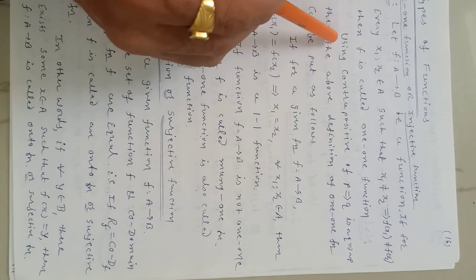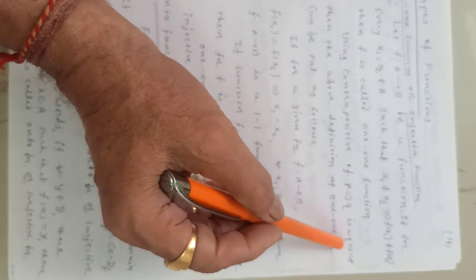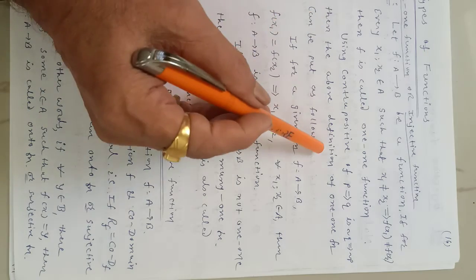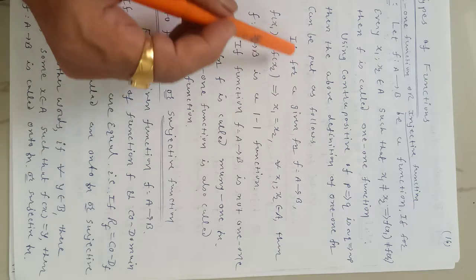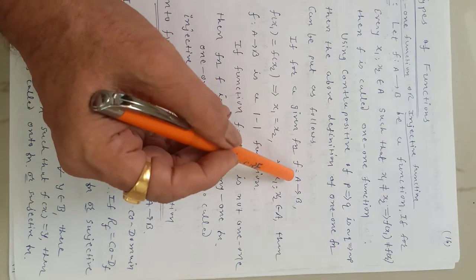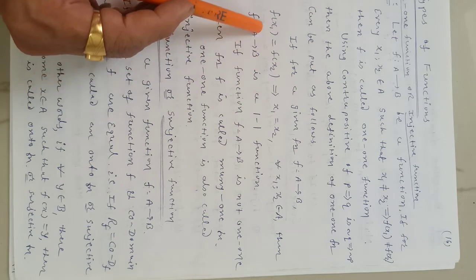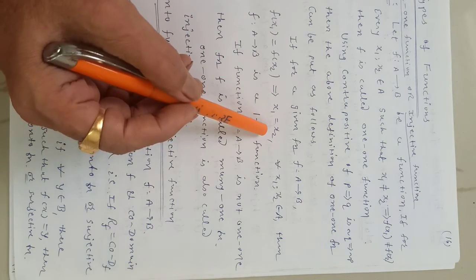Therefore, using the contrapositive of P implies Q, which is negation of Q implies negation of P, the above definition of one-one function can be put as follows. Look, if for a given function f from A to B, f(x1) equal to f(x2) implies x1 equal to x2.